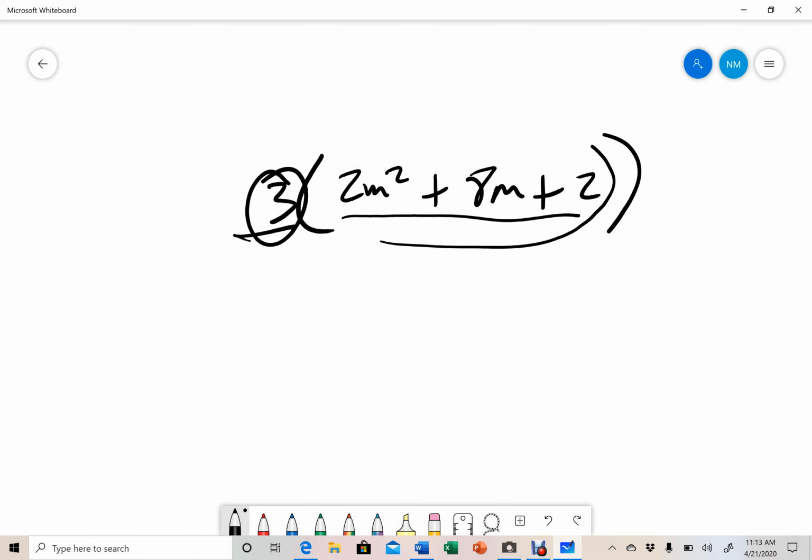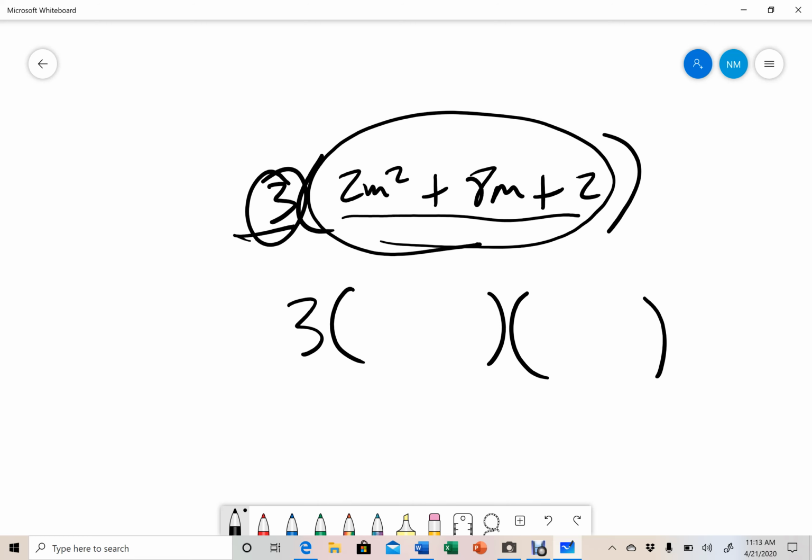Then we're going to take this trinomial and factor this out. So then I would have 3 times this times this. So my answer would be in this format after I have found the factors for this. So it would look something like this, plus, and then I'd have to find my options for this, and so on and so forth.